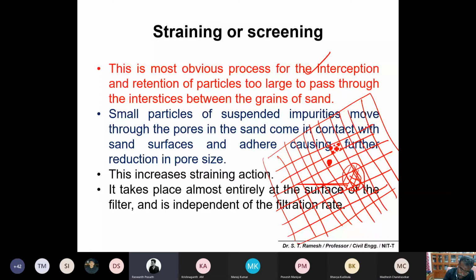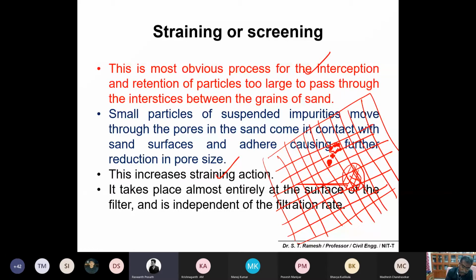It will also reduce the pore size. Please make a note. It will also reduce the pore size, and at the same time, it will also increase the straining action. So please make a note of these 2 points. One is micro straining. The other is small particles getting occupied in the interstices of the particles. Thereby, it will increase your straining action.